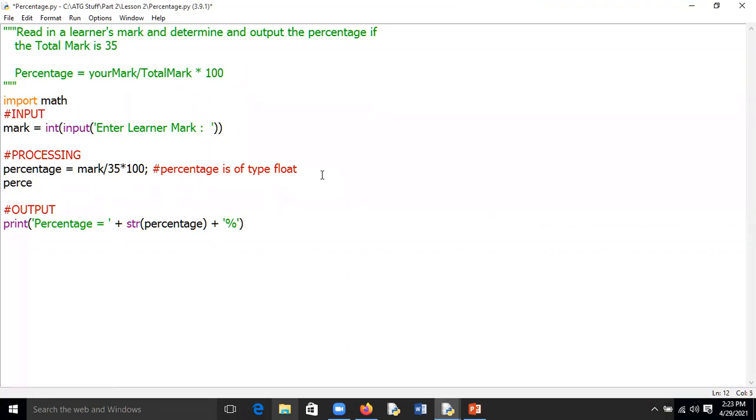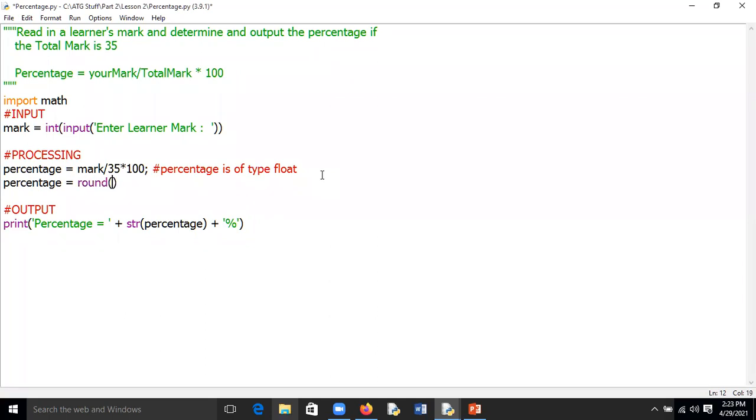So I'm going to still use percentage is assigned, and remember it'll be math dot round.